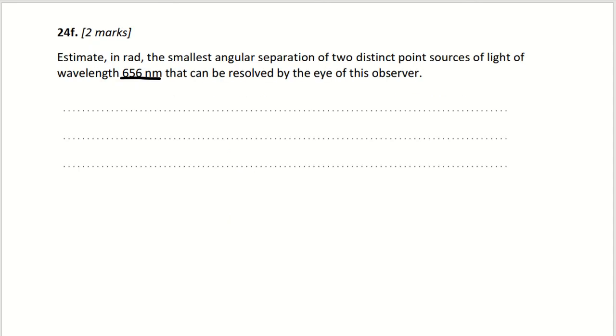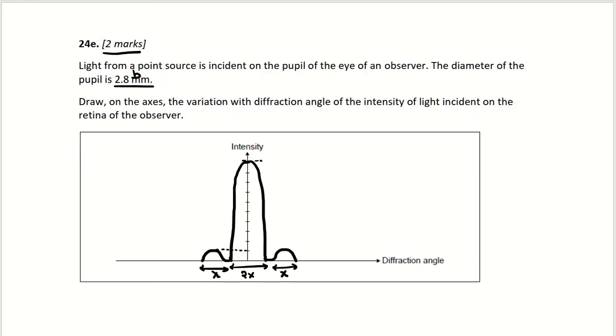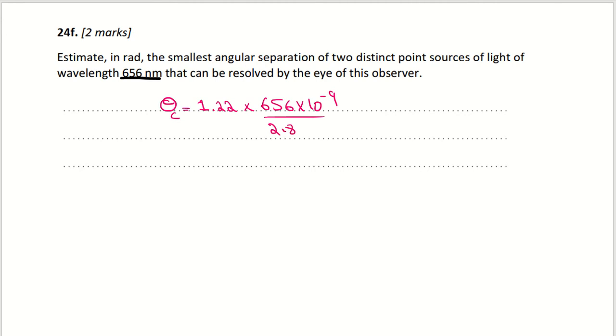In order to find the angular separation, it needs to be equal to the critical angle, which is equal to 1.22 times the wavelength over 2.8 times 10 to the power of minus 3, and you just use your calculator to find the answer. Okay, so that's it.